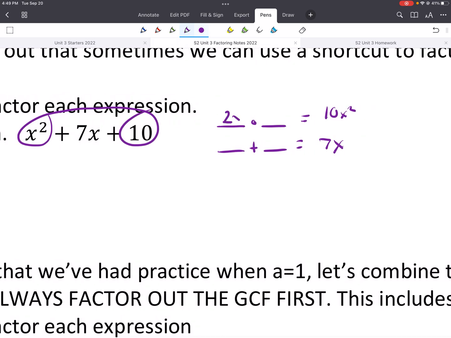So 2x times 5x is 10x squared, and 2x plus 5x is 7x. But now we can just write down our two answers. So this would be x, because that's our variable, and then we have a +2 and a +5 from here. Okay.